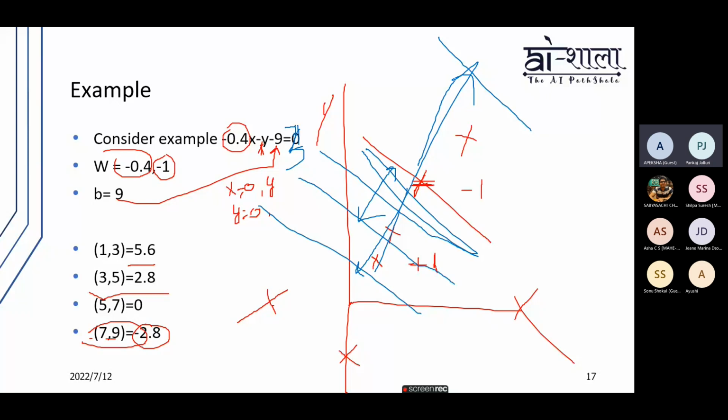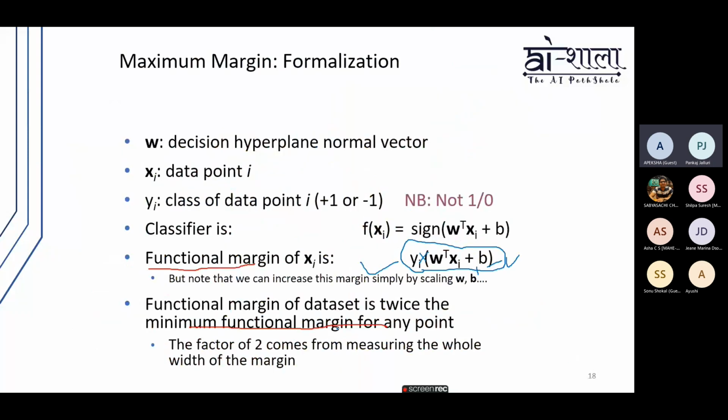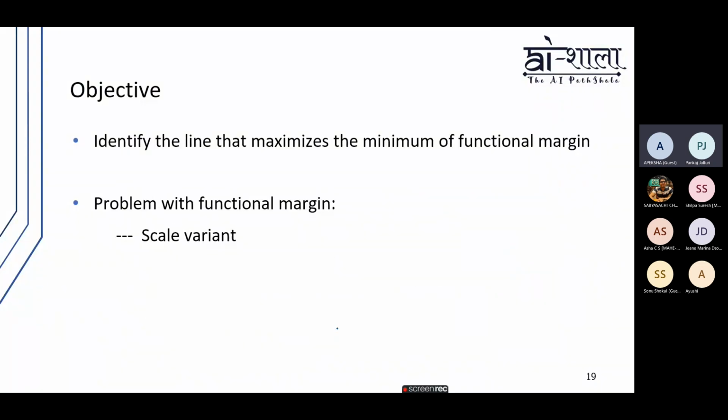So what do I want to do? I want to normalize it. Why do I want to normalize it? Suppose the data points were here and here; I don't want this and this to become my functional margin. I want the equations to get reduced. So how would I normalize it? If I divide it by w, it will get normalized, and that is called the geometric margin.